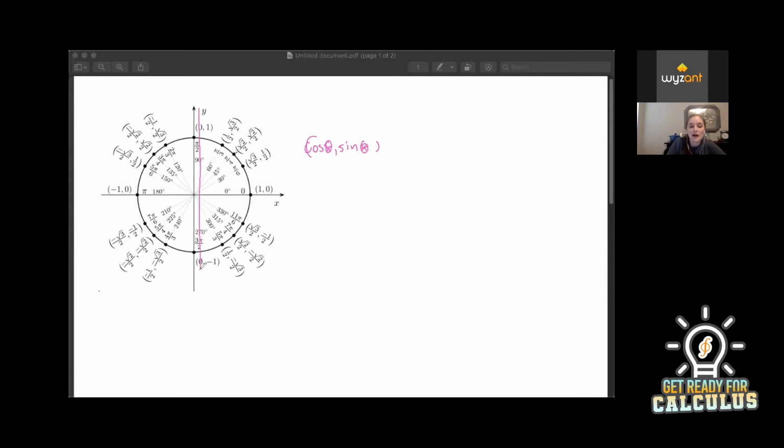So where x is positive, cosine is positive, and if you look at all of the x coordinates, they're all positive there. Over in this region where x is negative, you're going to have all negative cosines. Sine is the y, so anywhere y is positive, you're going to have a positive sine, and anywhere y is negative, you're going to have a negative sine.